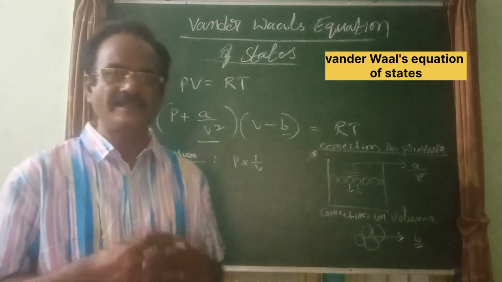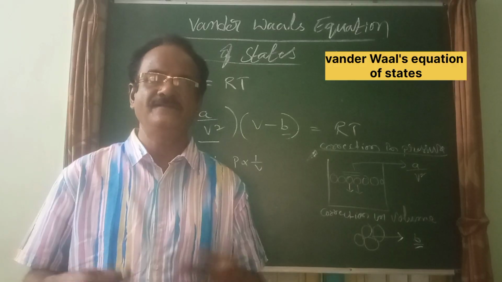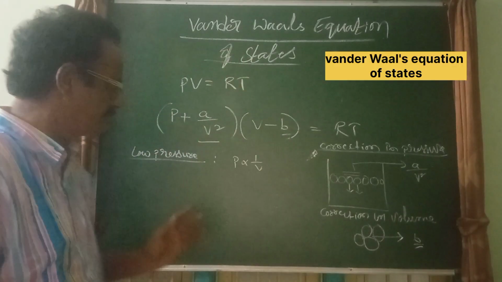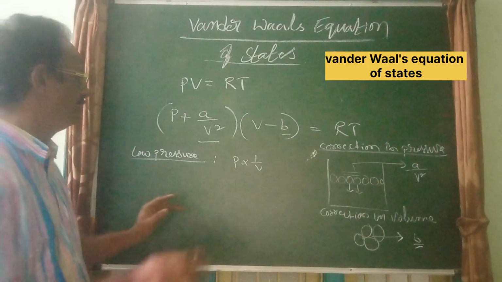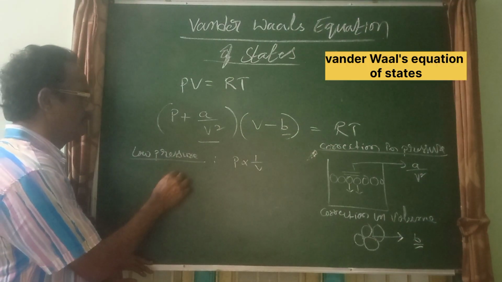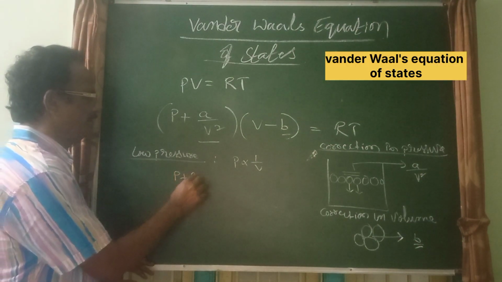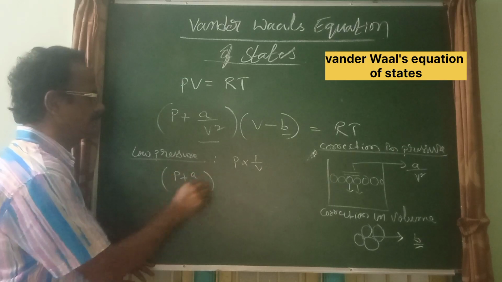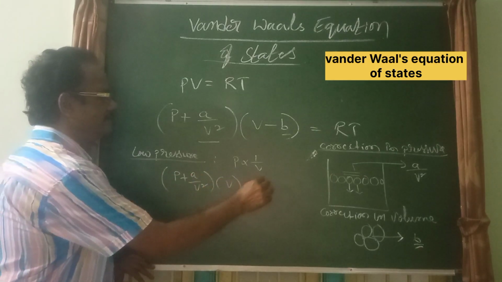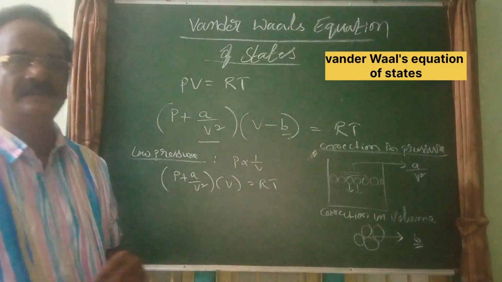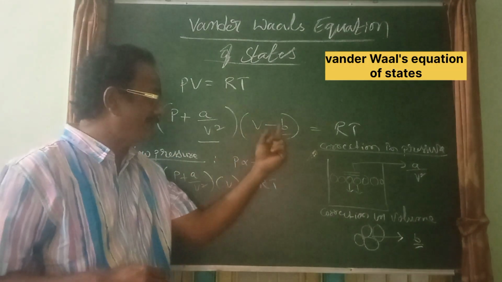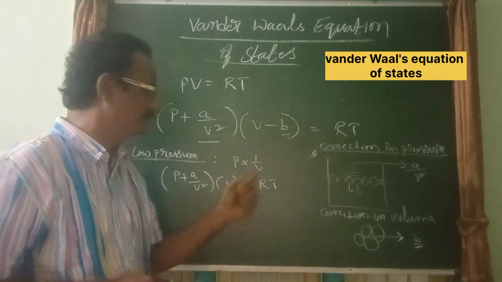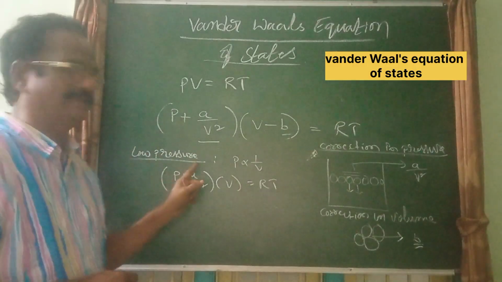So then we can write the Van der Waals equation of state like this: (P + a/V²)V = RT. Is it clear? Here we have neglected b at low pressure.